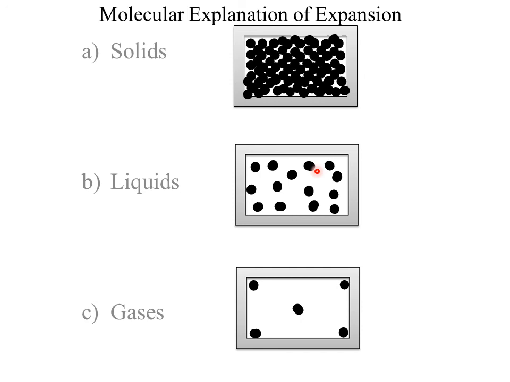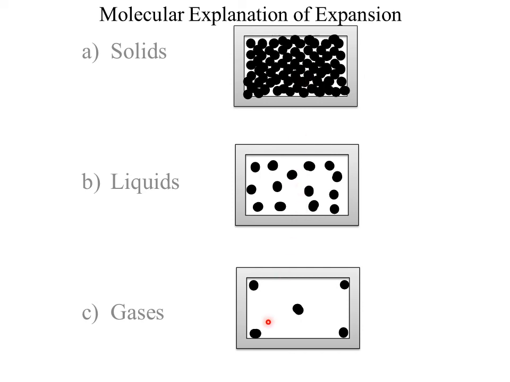And remember, an increase in volume is what we call expansion. So it is important to note that expansion in liquids is more than in solids. Why? Because of the weaker cohesive forces between the liquid particles as compared to the solid particles.